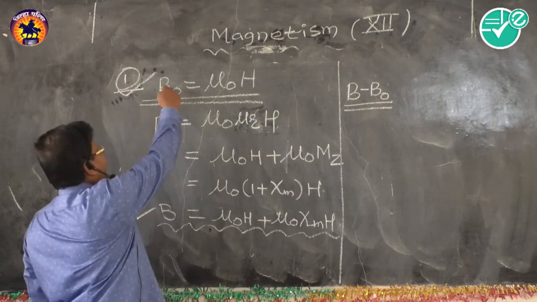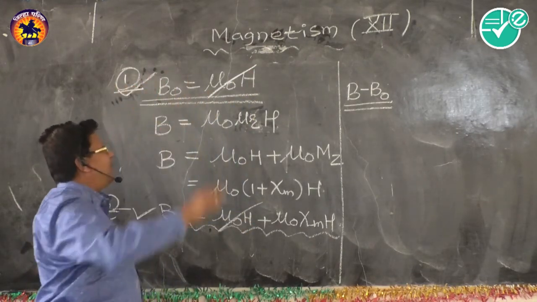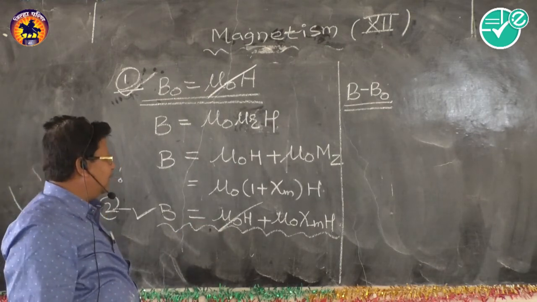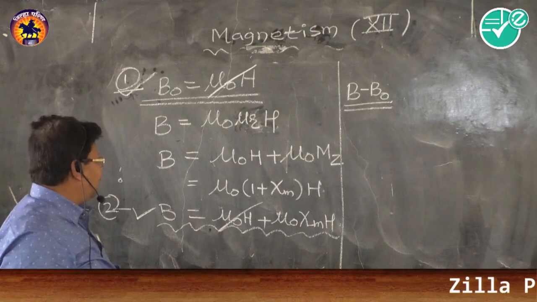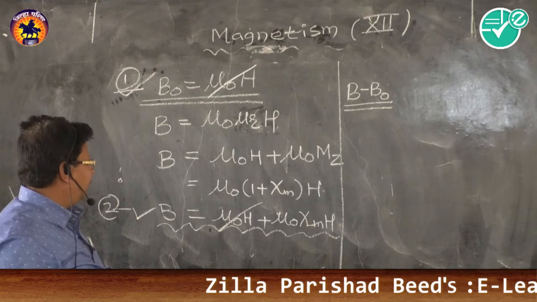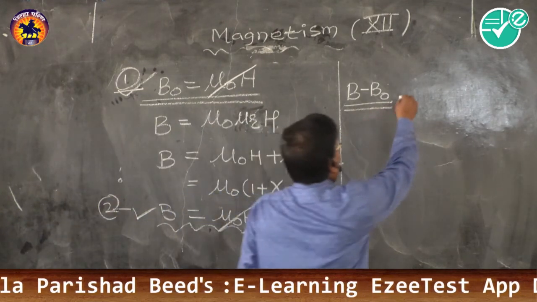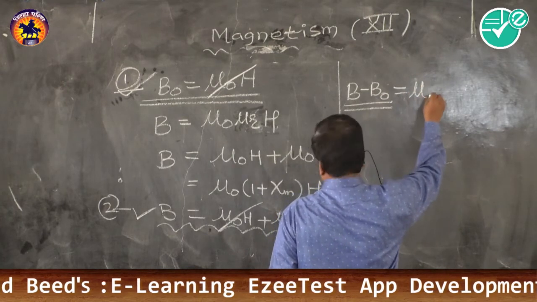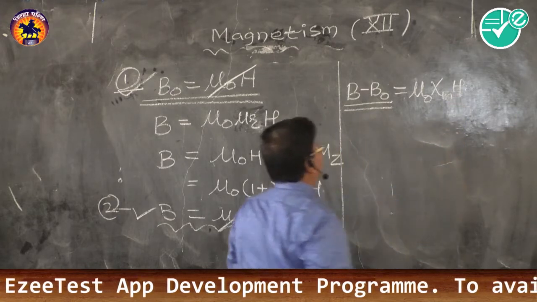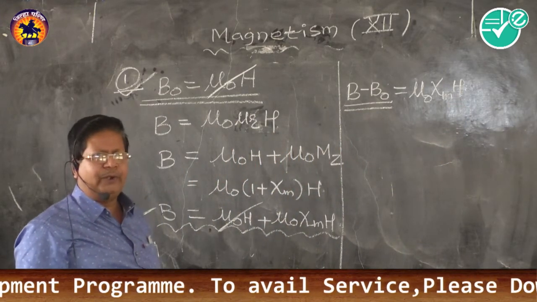So B minus B0 is equal to equation number 2 minus equation number 1, and the remaining term is mu 0 chi m into H. So B minus B0 is equal to mu 0 chi m into H. So this is the increase in magnetic field.